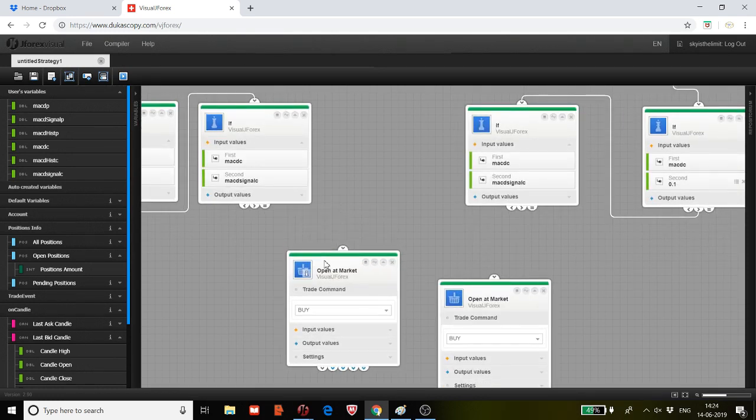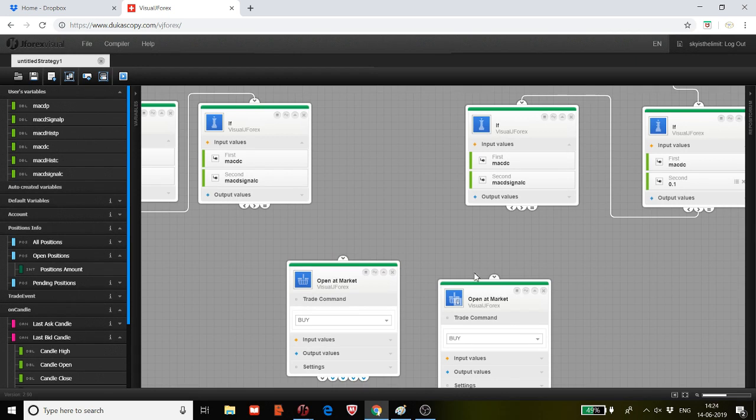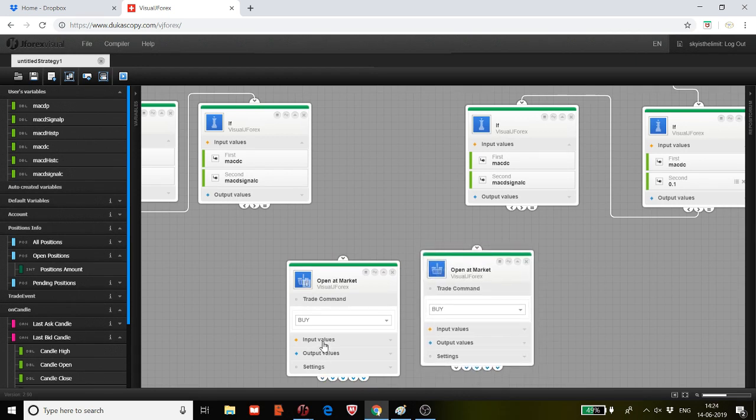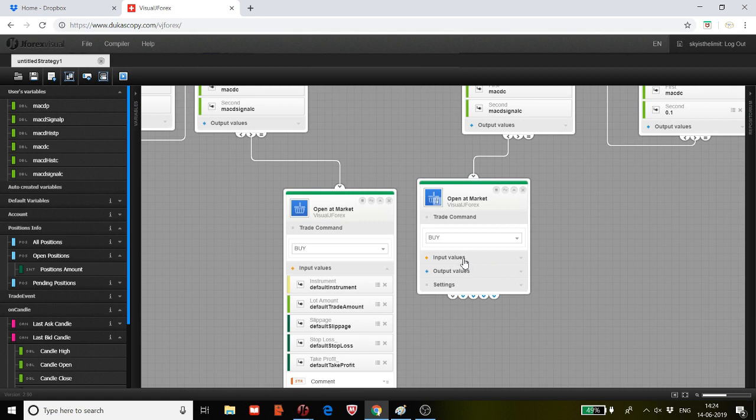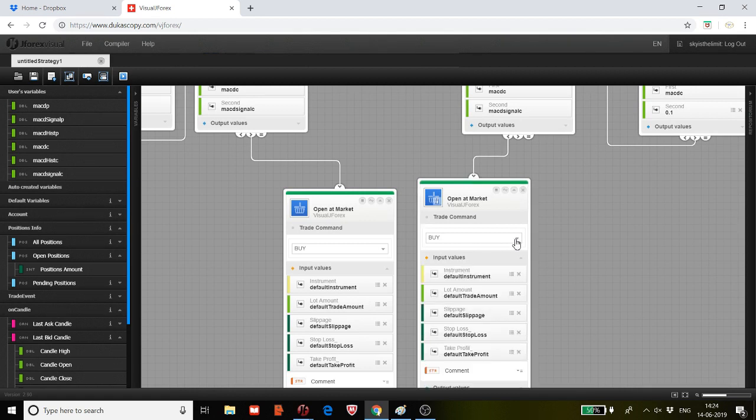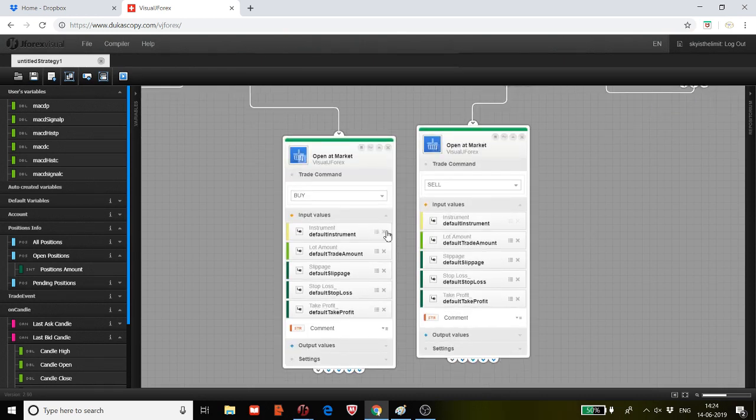Now change the condition in the open at market block. MACD current should be greater than MACD signal for buy and exactly opposite for sell. MACD current should be below MACD signal for sell. Now sell. The rest of the things we will keep, it is just the instrument, as the instrument is EUR USD.